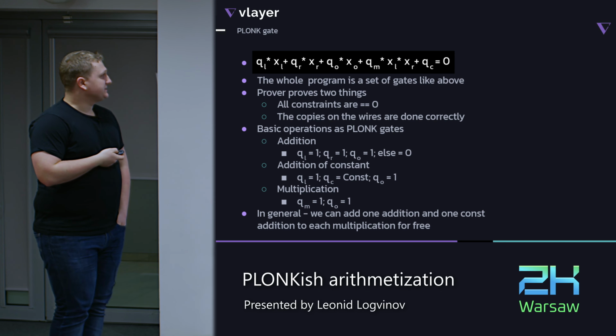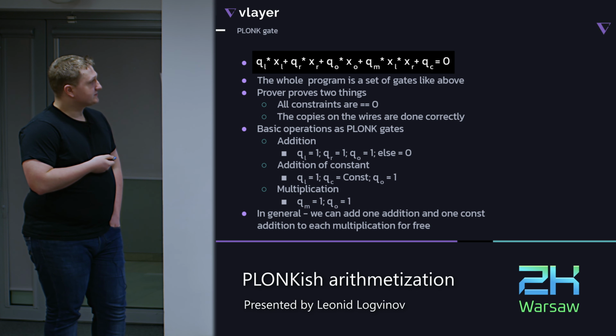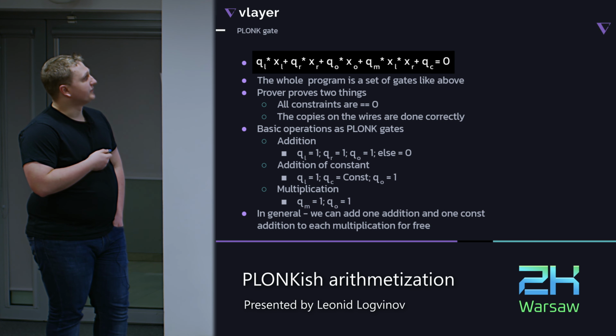So let's express our basic operations as PLONK gates. If we want to do addition, we just say QL equals 1, QR equals 1, and QO, the output, equals 1, and all else are 0. So then we will essentially have XL plus XR plus XO. It should be minus 1 here, so like equals XO, so this should be minus 1.